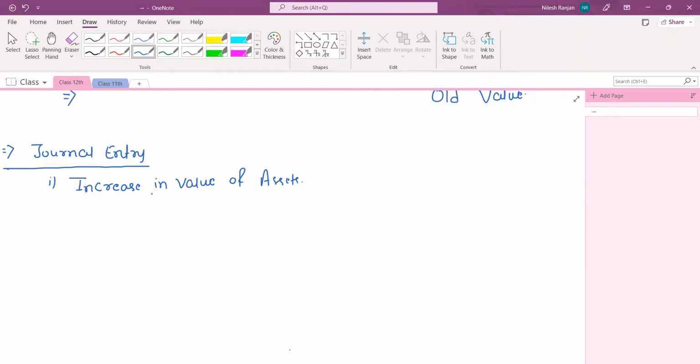It's actually a rule as per the new concept. I'm talking about the old concept, that is real account, personal account, and nominal account. So what are the rules of debit credit for nominal account?